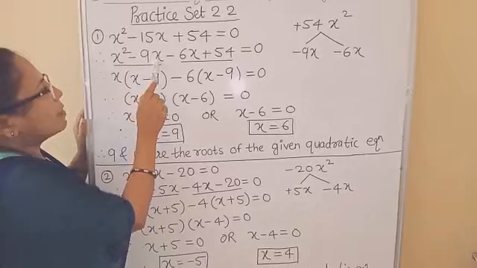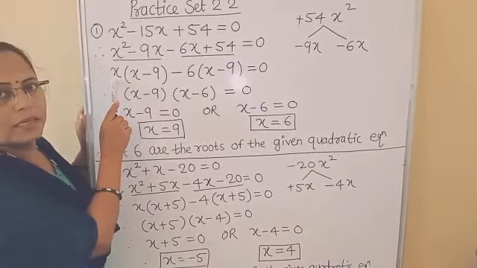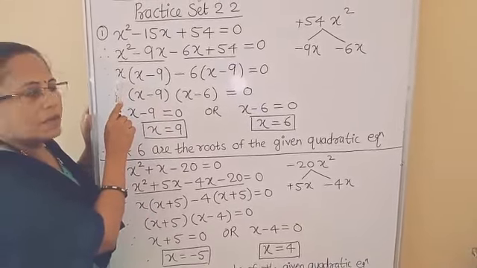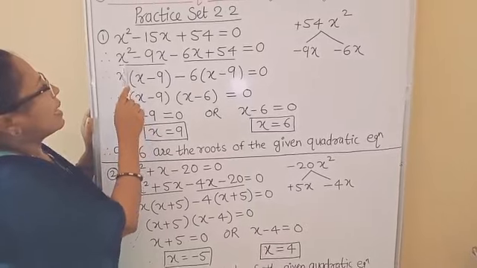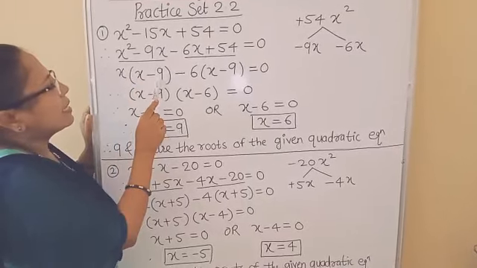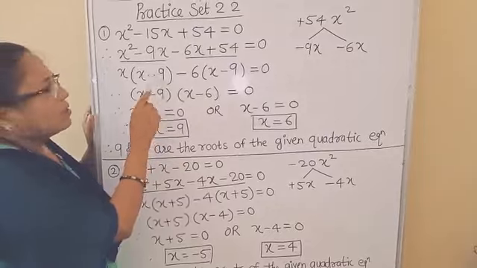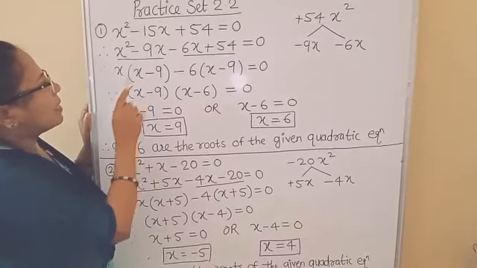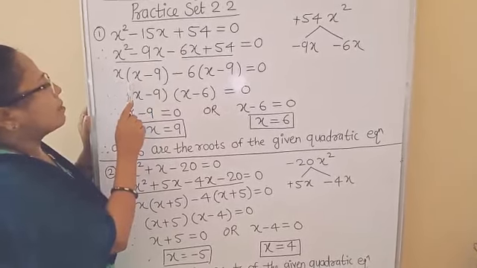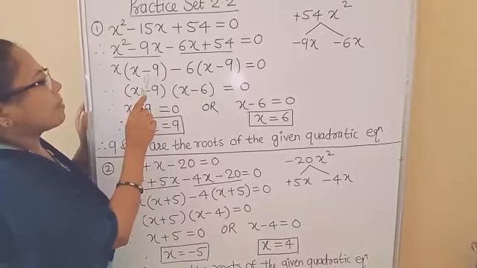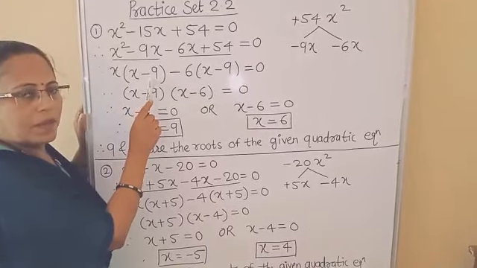From this binomial we will take x as a common factor, so the other factor we get is x minus 9. So the factors of this binomial are x into bracket x minus 9.